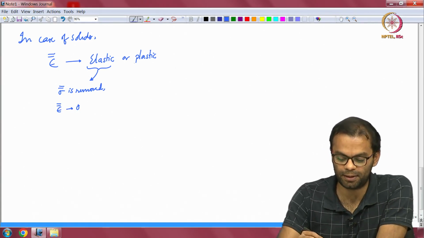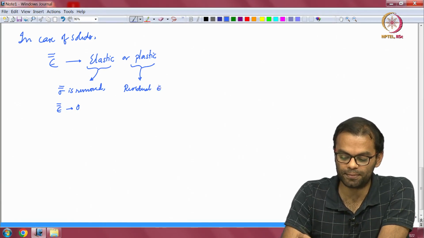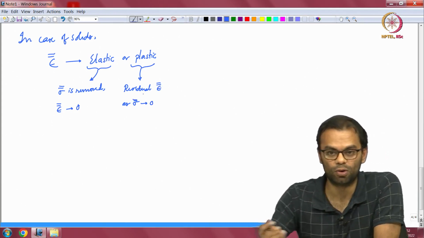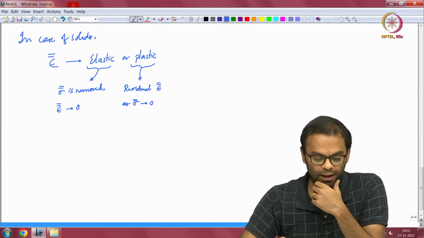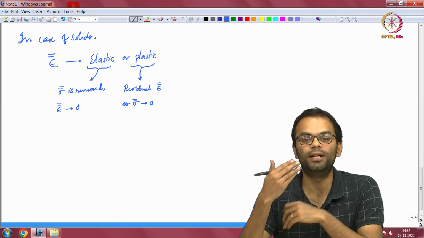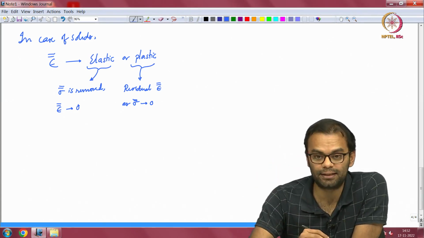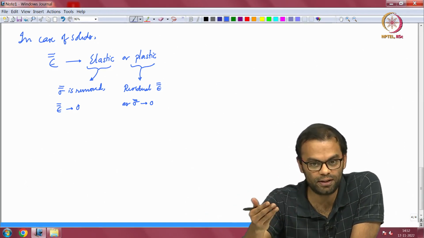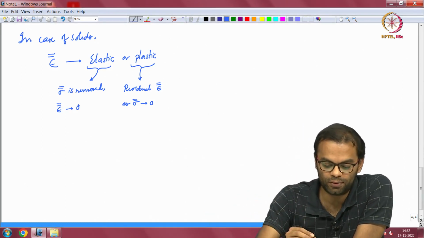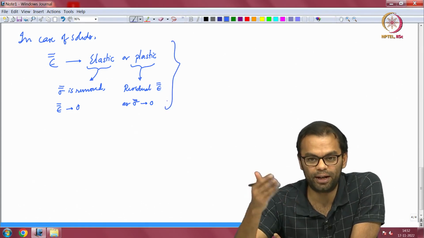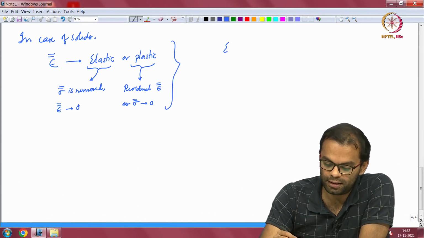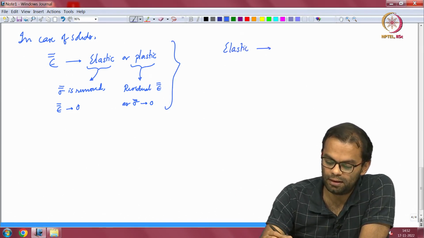That is what an elastic strain is. The plastic strain means that there is some residual epsilon as the applied load goes to 0, right. So, now you have a situation where you have to distinguish, or at least be able to distinguish between elastic strains and plastic strains, or an elastic deformation and a plastic deformation. You did not have this issue in the case of a fluid, because everything was the equivalent of a plastic deformation.